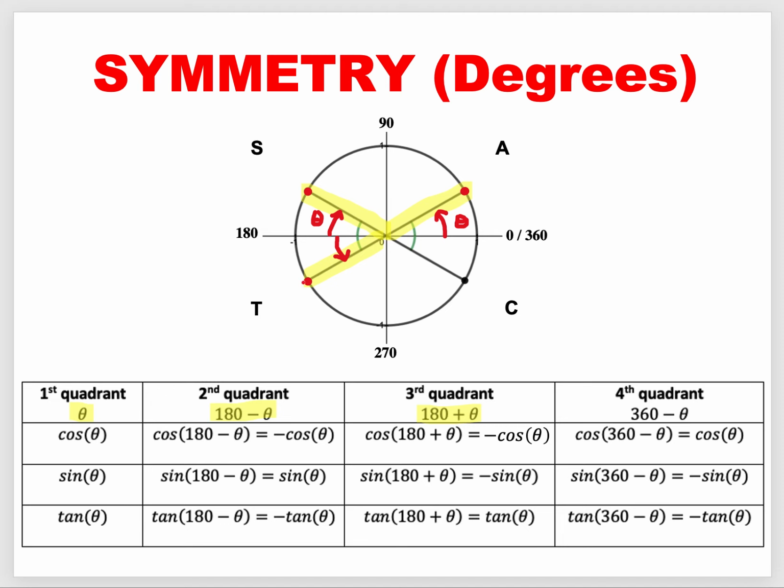So when you relate this point back to the first quadrant, it's going to have the same x and y values as the first point, but both negative. It's the same distance below the x-axis that this one was above it, and the same distance to the left of the origin as this one was to the right. So down here we're flipping around and having a negative x value and a negative y value compared to what we started with.